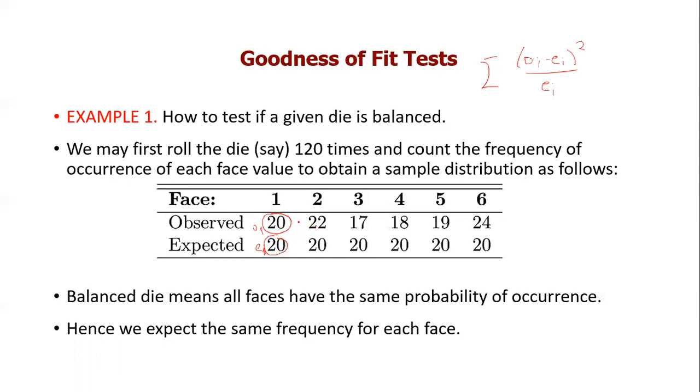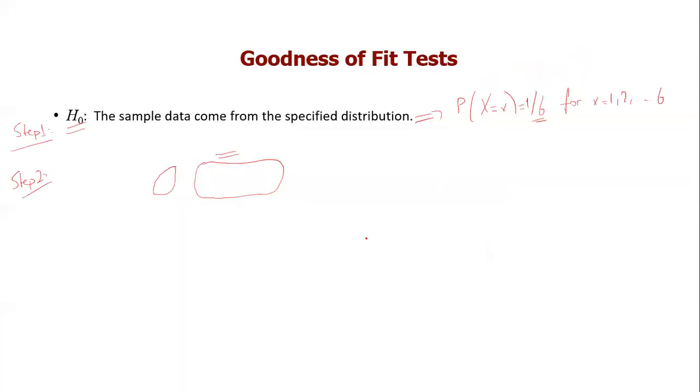So what is O2 here? O2 is 22. This is the observed frequency of the second experiment for the value where you just want to observe 2. And what is E2? E2 is equal to 20. So the difference between them is 2. 2 squared divided by E I, which is 20. So what you do is you just take the difference, square it, and then divide it by the expected value, which is 20 in this example.